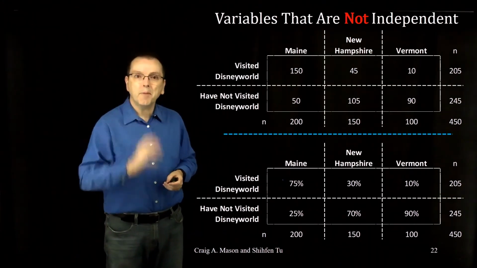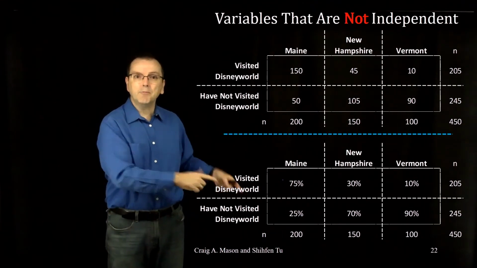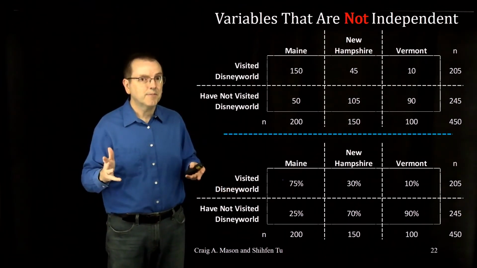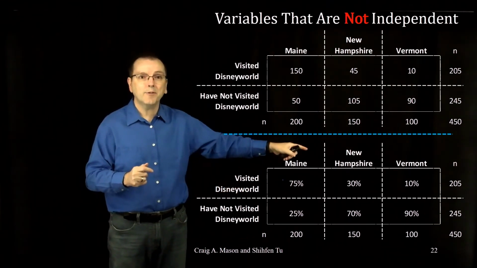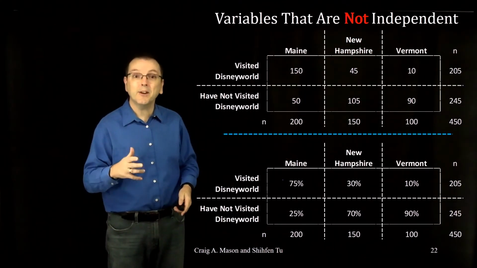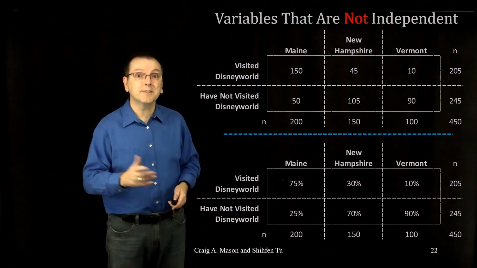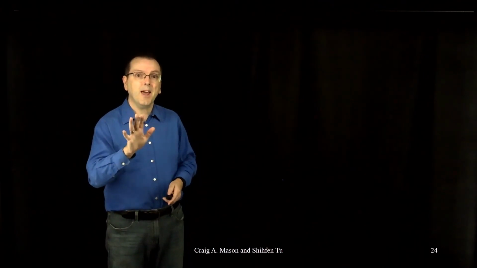If I know you're from Maine, I know you've probably visited Disney. On the other hand, if I know you're from Vermont, I know that you probably haven't. Okay? So that's what we mean by two variables being independent.